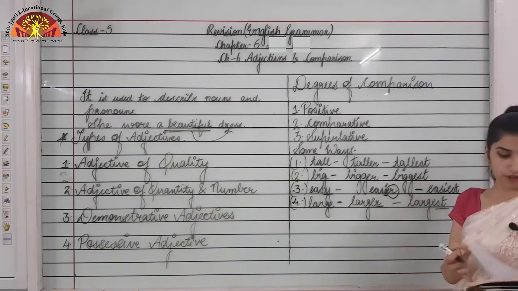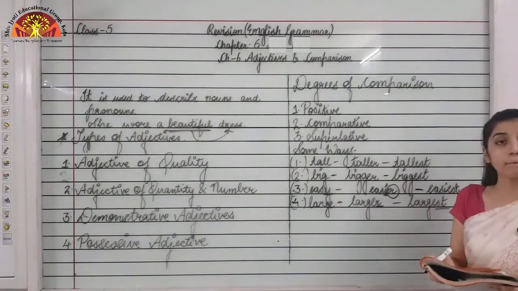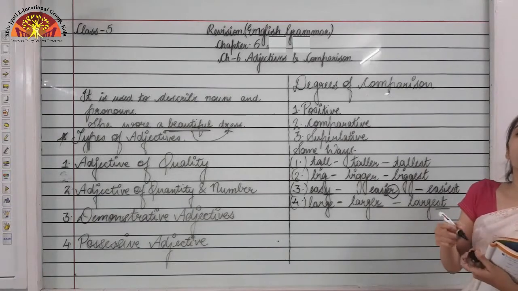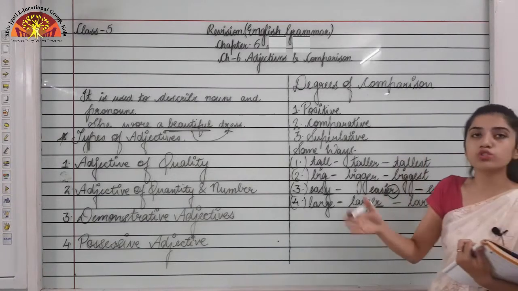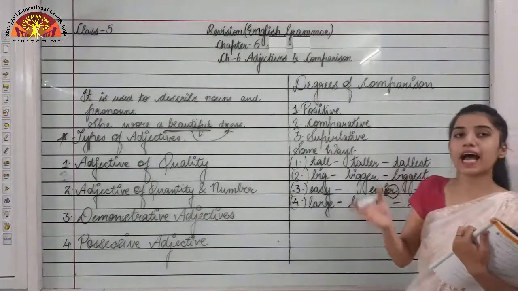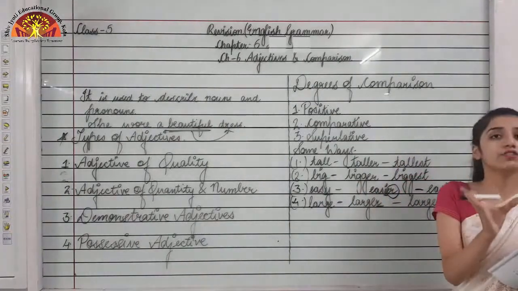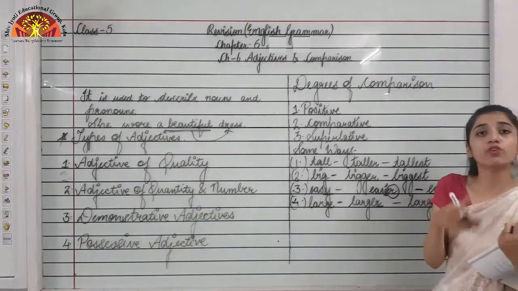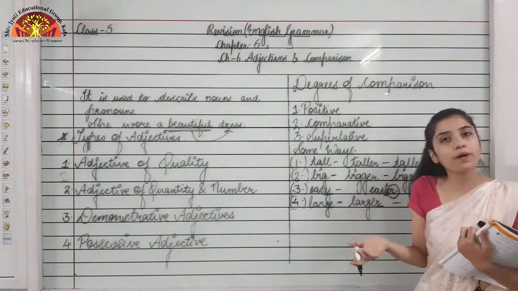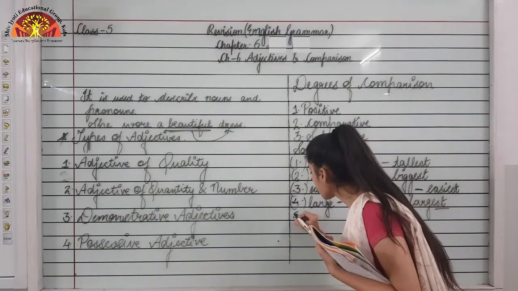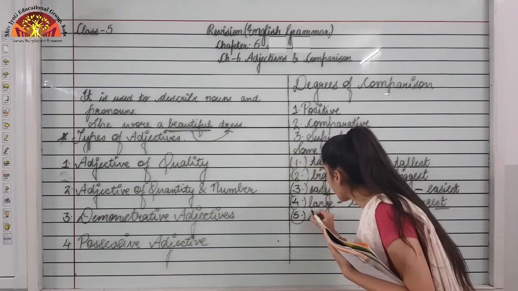Now moving to the fifth rule that we have on page number 28, you can find it. So what we have to do is add more and most to the adjective. Okay, what we do is we just add more before the adjective to form the comparative degree, and we add most before the adjective to form the superlative degree. Like for example, the word beautiful.